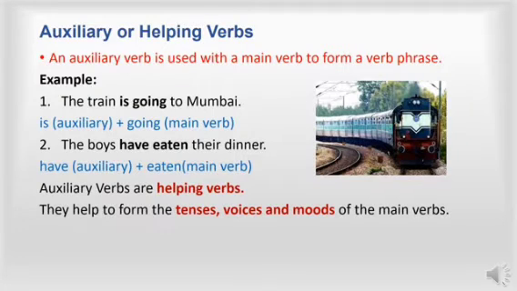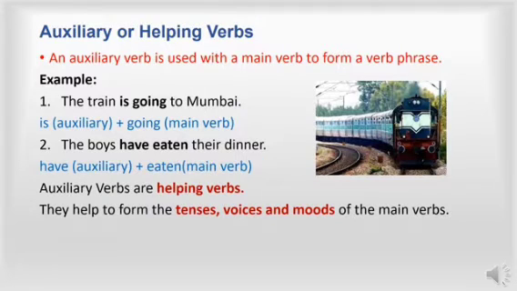The boys have eaten their dinner. Have is an auxiliary verb. Eaten is a main verb. In the above sentences, we have used two kinds of verbs, an auxiliary verb and the main verb. Auxiliary verbs are helping verbs.